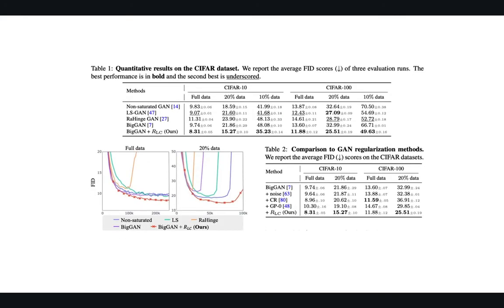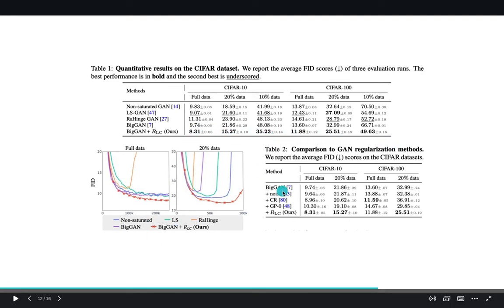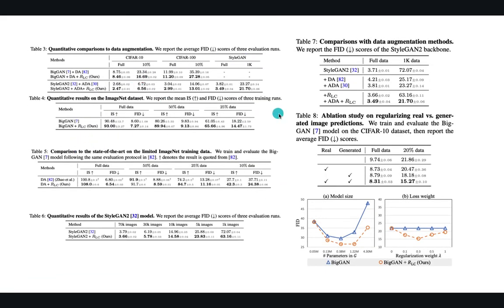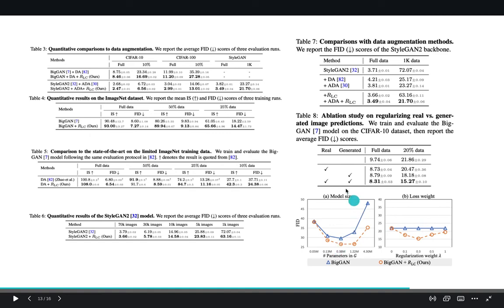We compare the results of the Lee-Kum divergence on the datasets by applying the new regularization term to the existing GAN models. The authors were able to provide great results. As you can see, the FID score reduced drastically across these three evaluation runs, so it's quite good. It is a comparison across various datasets and various state-of-the-art models, and it was able to perform very well.